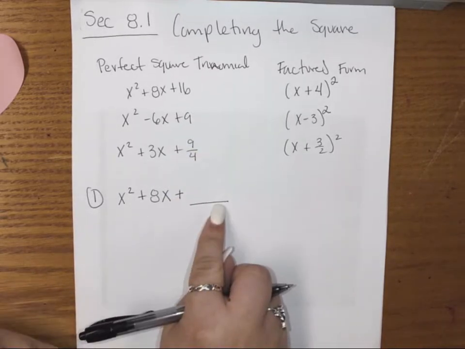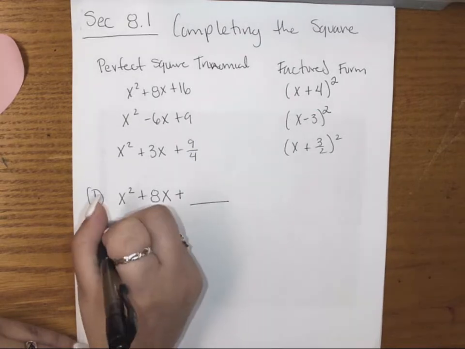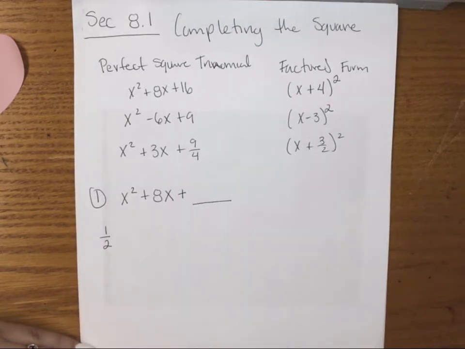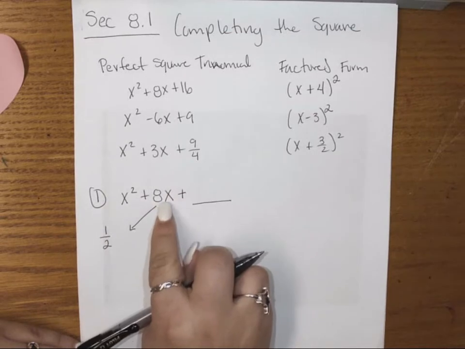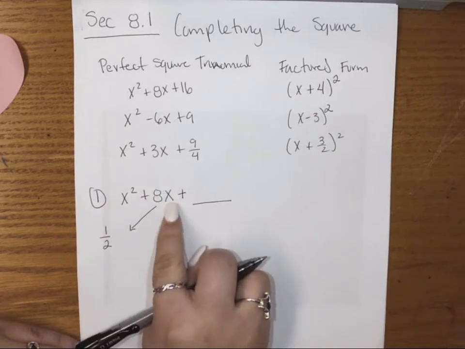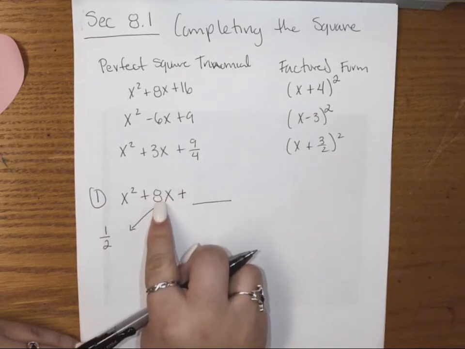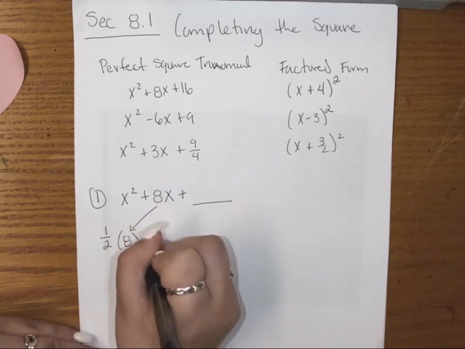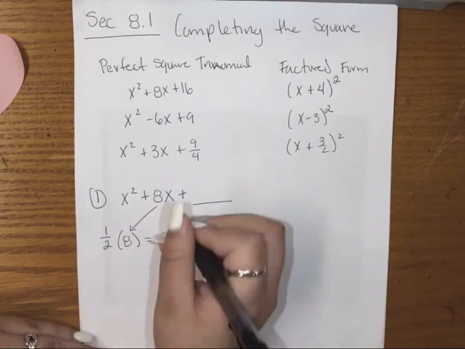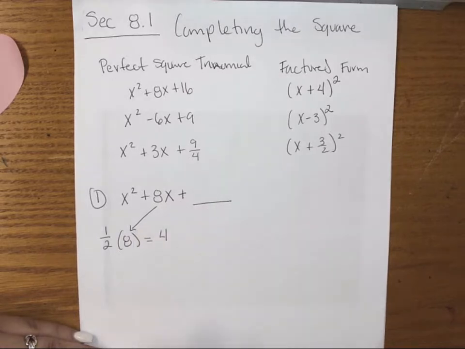The number we're adding is always going to be half of your x term coefficient. So in this case, we look at our x term. The number in front of x is 8. So we take half of 8, and we end up with 4.